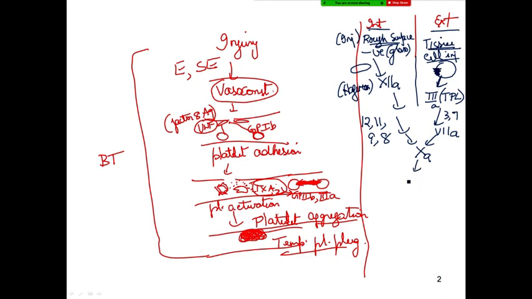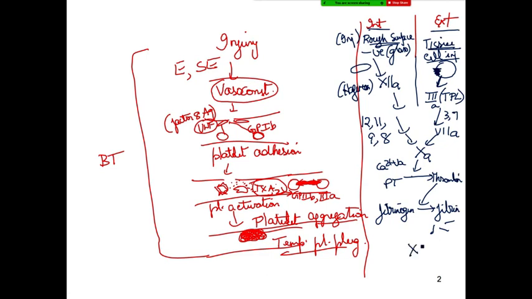Factor 10 will then activate what? Factor 5. Calcium, etc. is used. And finally, it activates factor 2, prothrombin to thrombin. Next, thrombin, what will it activate? Before 13, fibrinogen has to get converted to fibrin, which is initially unstable.